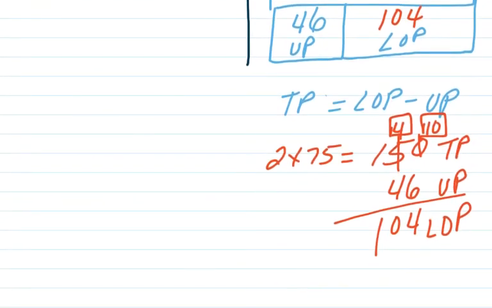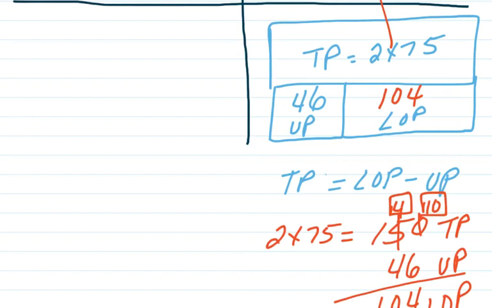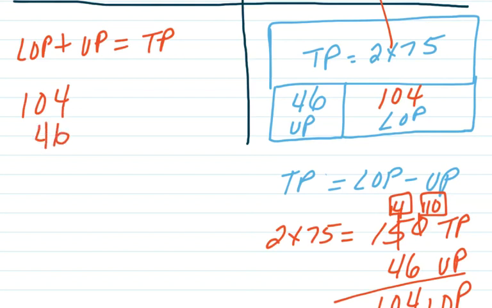Now, I need to check my work to make sure. Since we're learning those algebraic types of rules and equation setups, I'm going to say that LOP plus UP equals TP. Well, LOP was 104. UP was 46.